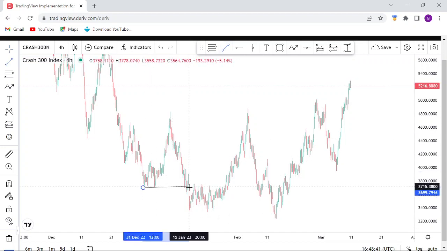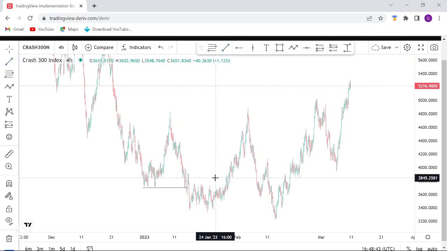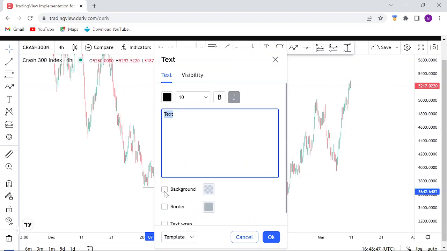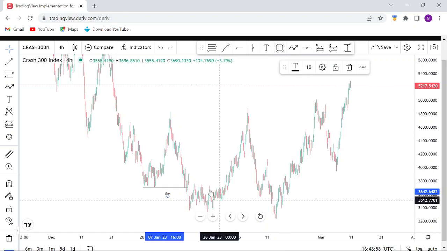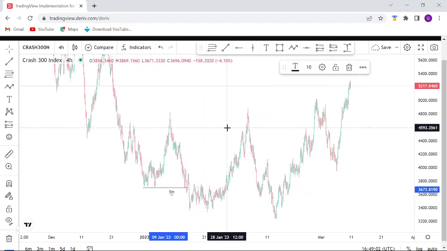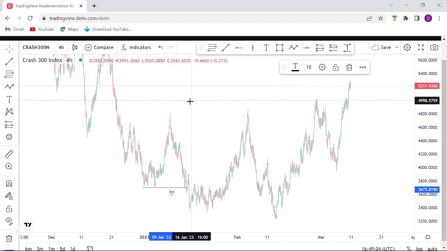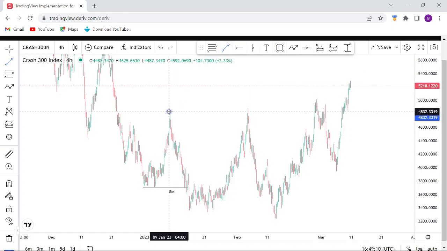Here we are having a break of structure. Break of structure. Then here is what? Change of character.